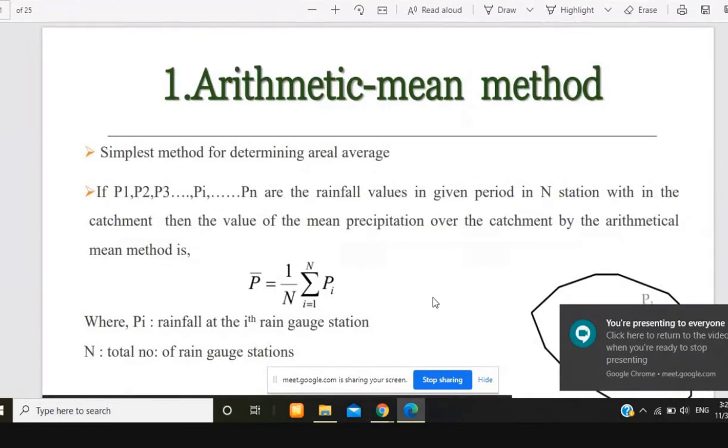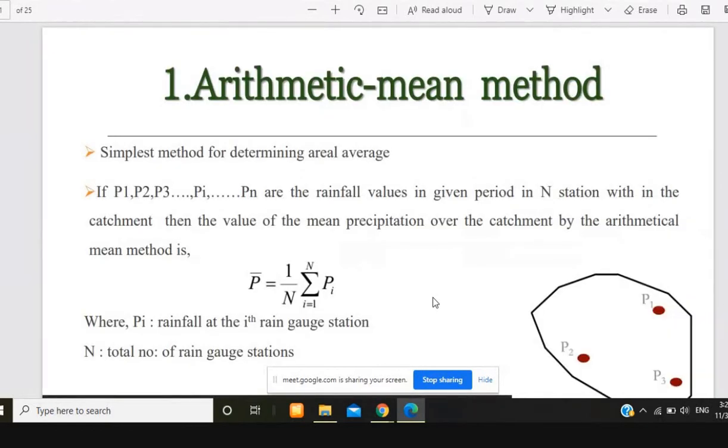So the arithmetic mean method, as I told, is the simplest method. Here the total rainfall values are added up and divided by the total number of rain gauge stations. That is the arithmetic mean method.